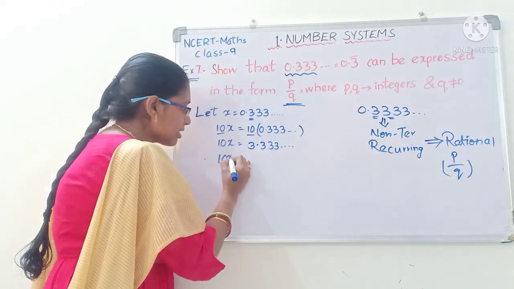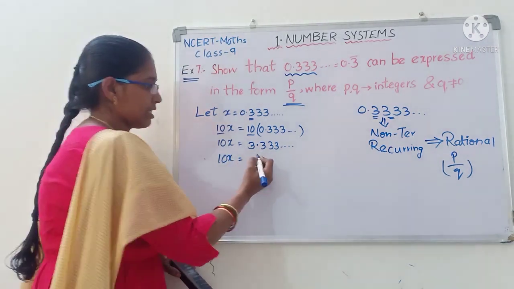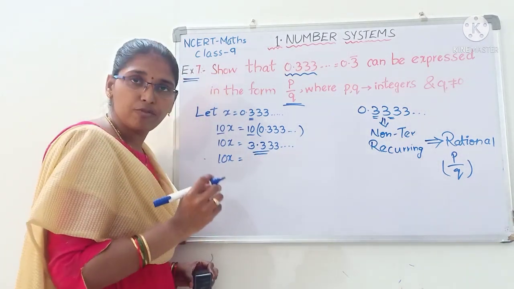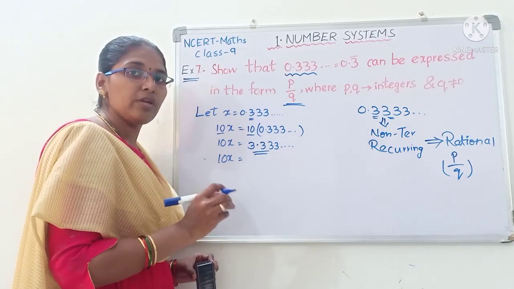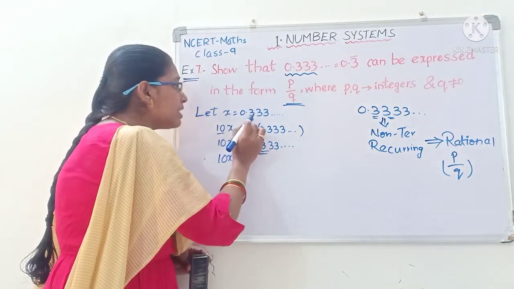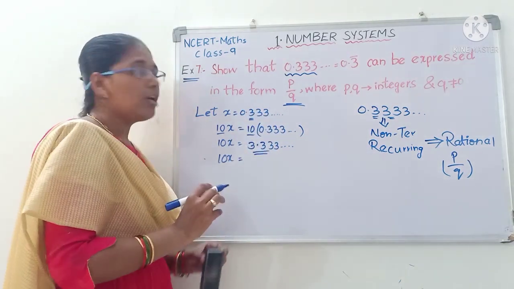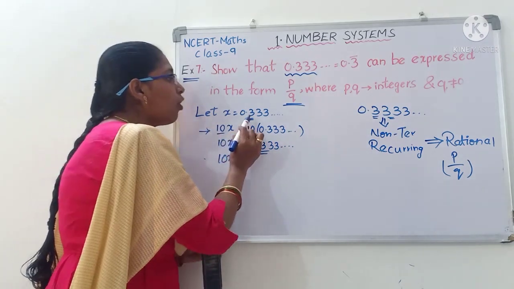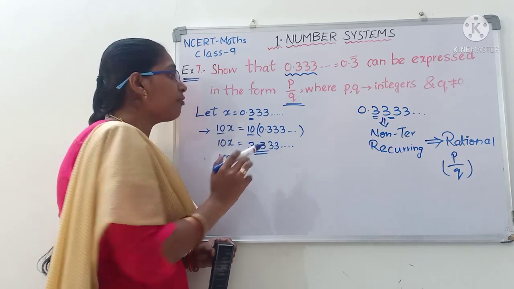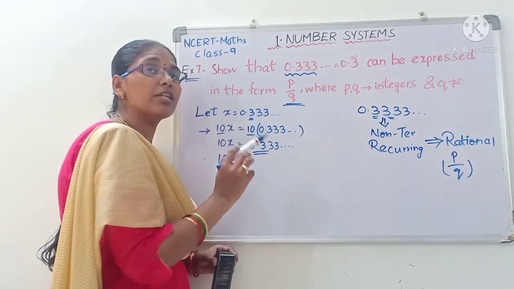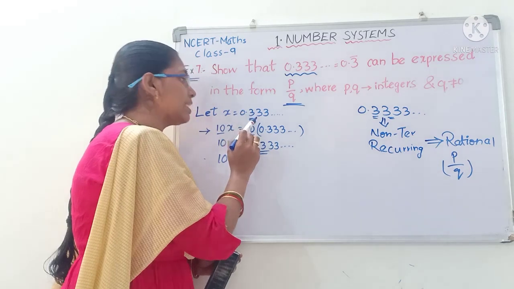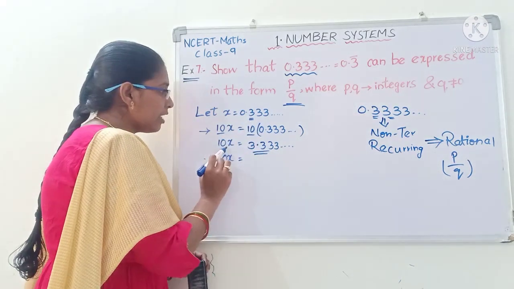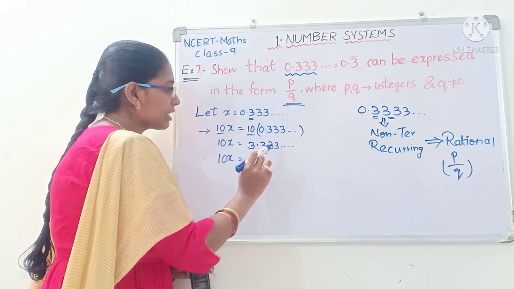Now 10x is equal to 3.333 and so on. Write this by splitting it into a sum of two numbers, where one number should be 0.333 and so on. To solve the problem easily, in the first step check the number of digits repeating after the decimal point. Here one digit is repeating, so multiply both sides by 10. Then we got 10x is equal to 3.333.